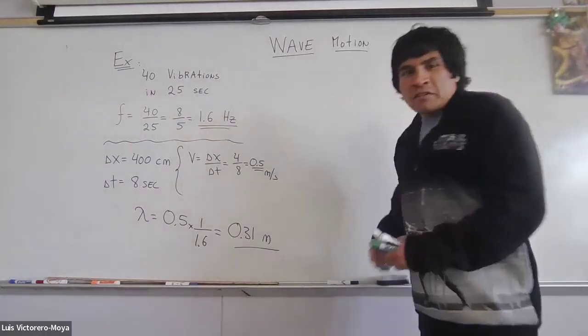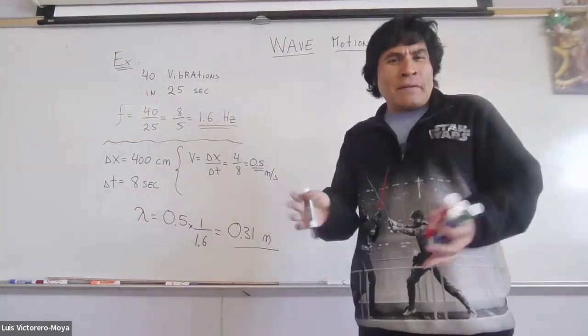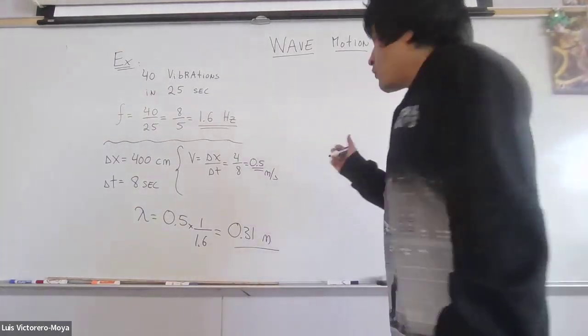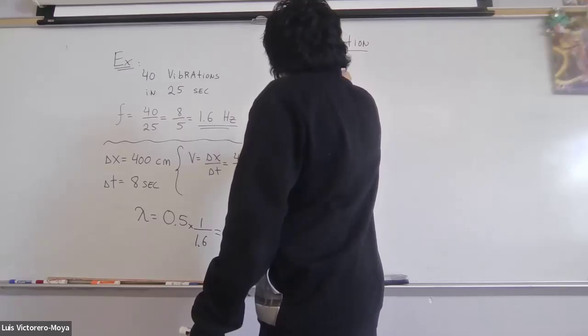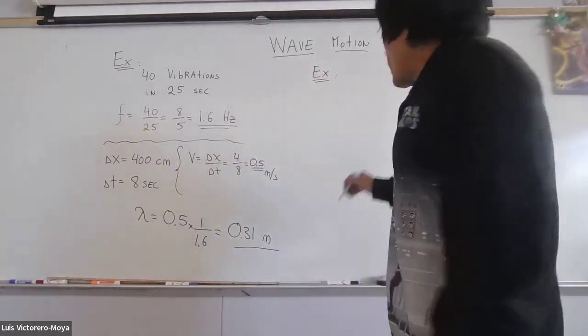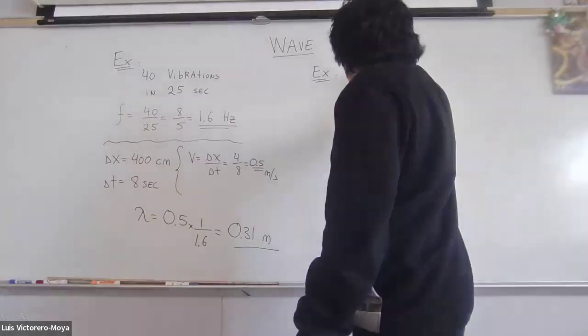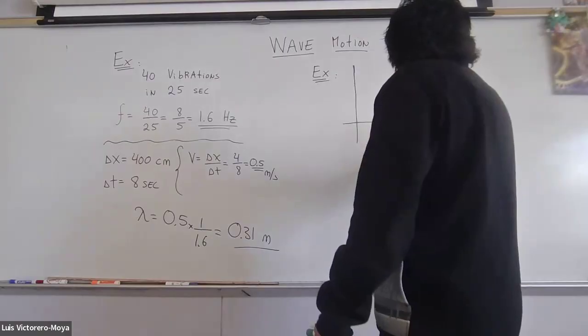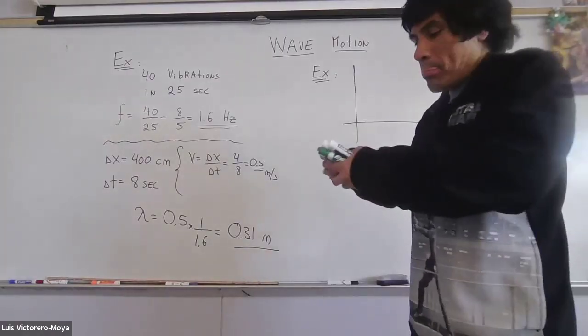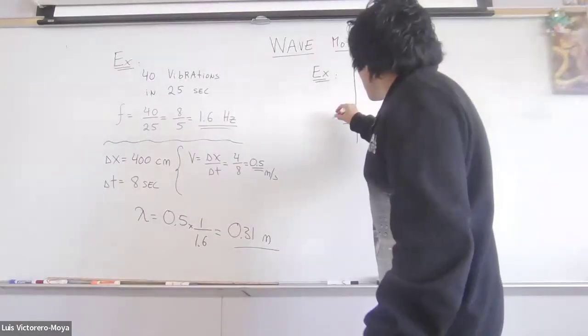As you can see, we can do the problems very easily, just knowing what the parameters are. But they give you here a wave. So another example is if they give you a wave like this.